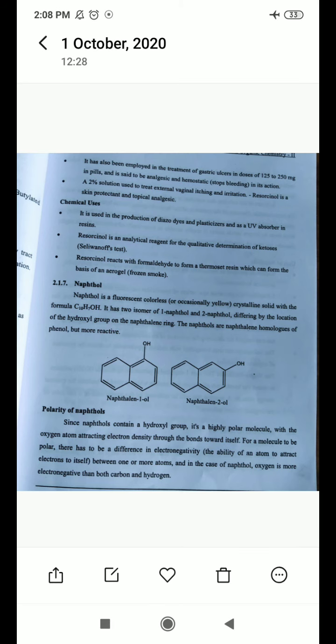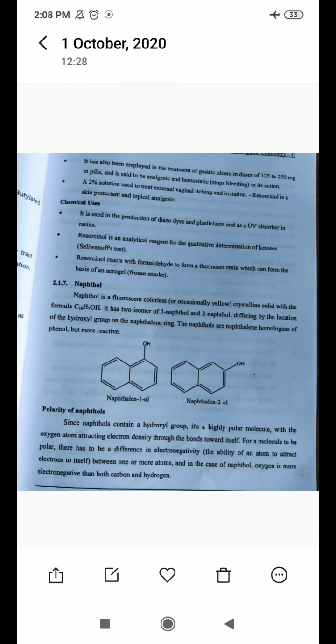Because at one position of the naphthalene ring an OH functional group is present, so that is naphthalene-1-ol. Another structure is the second naphthol, naphthalene-2-ol. Both are homologous and differ only by their locations.